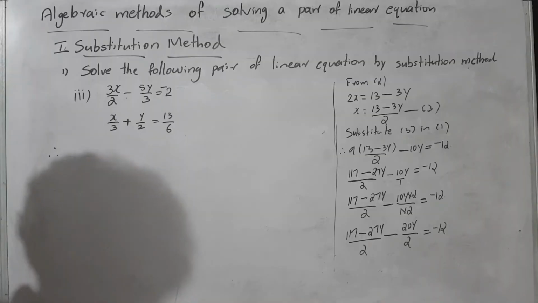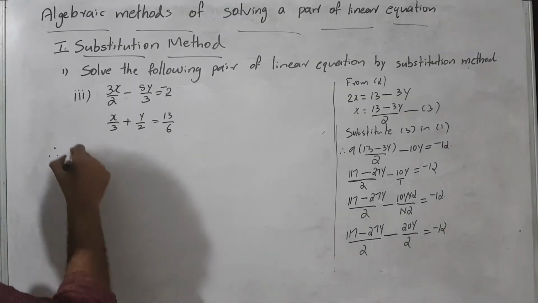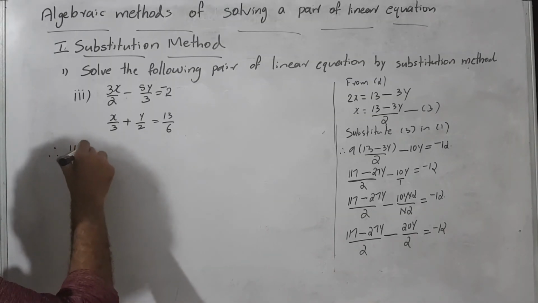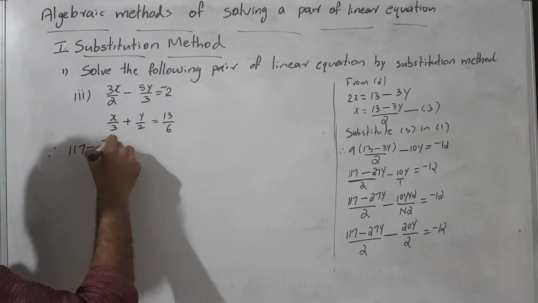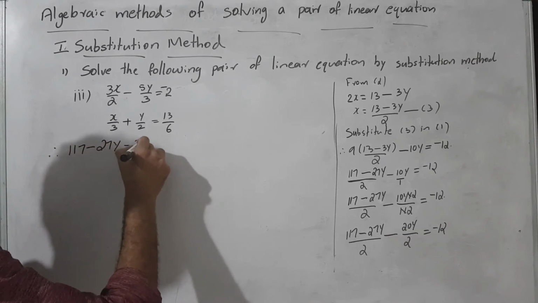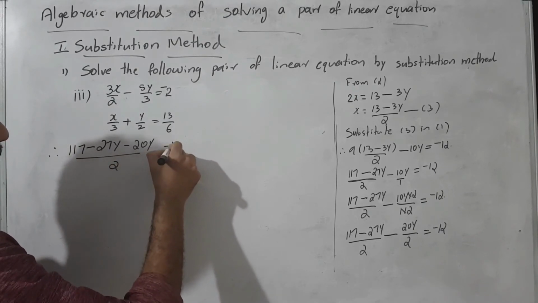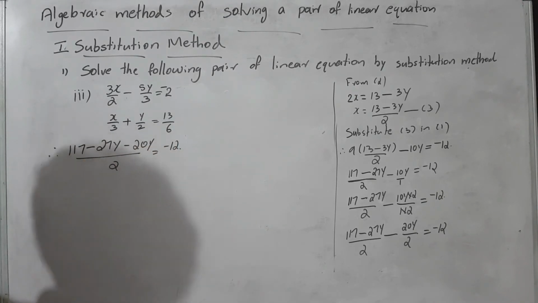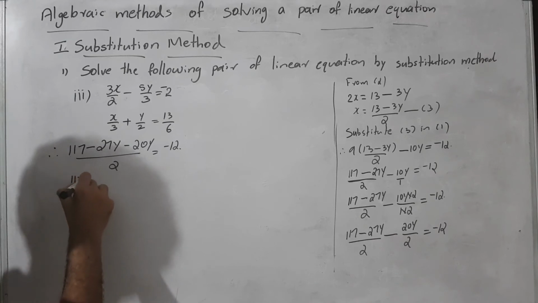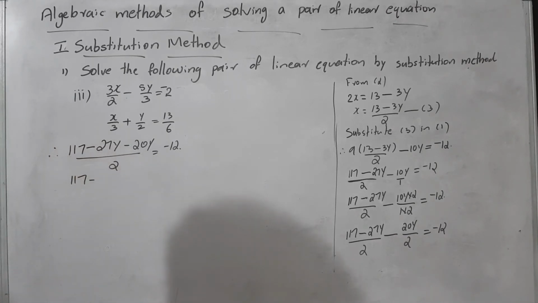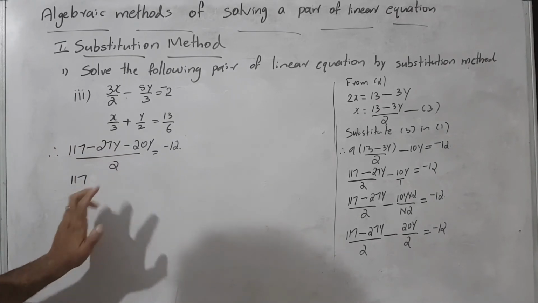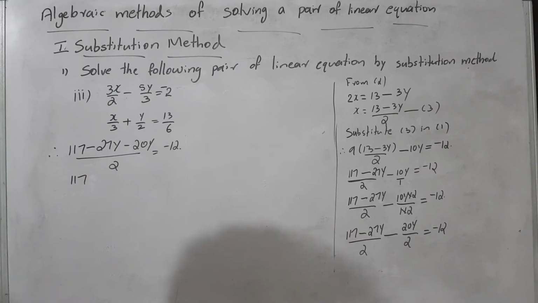Okay. What do you get? 117 minus 27y minus 20y by 2 is equal to minus 12. Then 117 minus 27 minus 20y. What is minus 27 minus 20y?